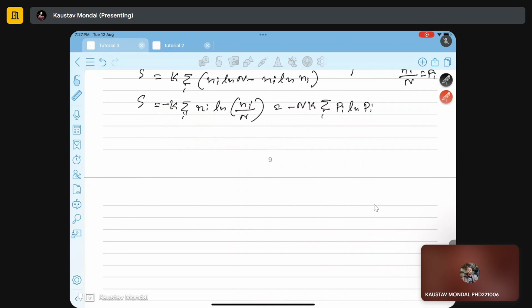So now we will use some algebra of the properties of log. We know that Pi is e to the power minus beta ei by q. So ln Pi would be simply minus beta ei minus ln q, right?